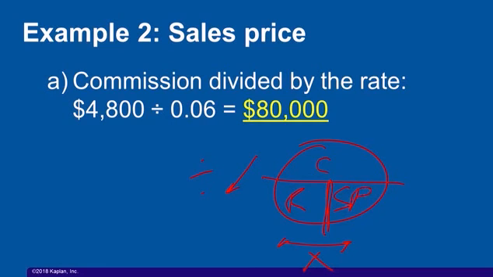We don't know what the selling price is in this math example, but we do know we were paid $4,800. And we do know the commission rate was 6%. And that can be written as 0.06. What does the formula tell us to do? Take the $4,800 and divide it by 0.06, and do that on your calculator, and your answer will come up a nice clean $80,000.